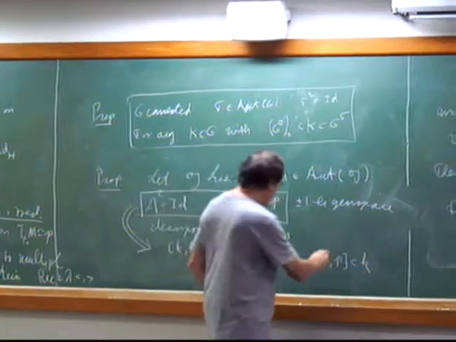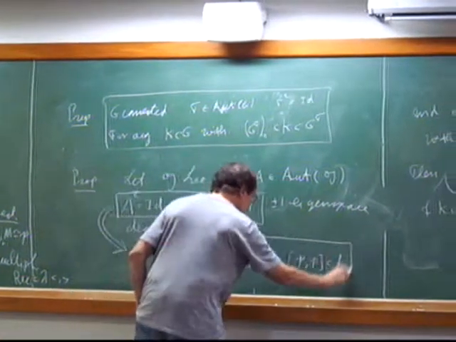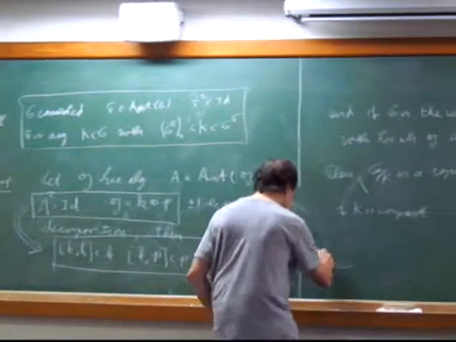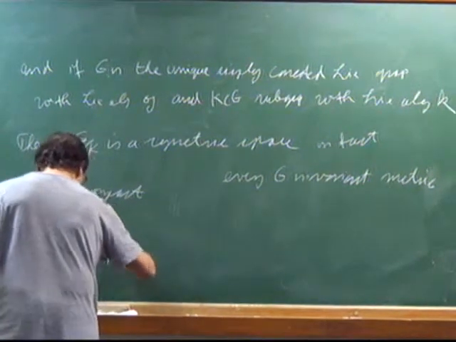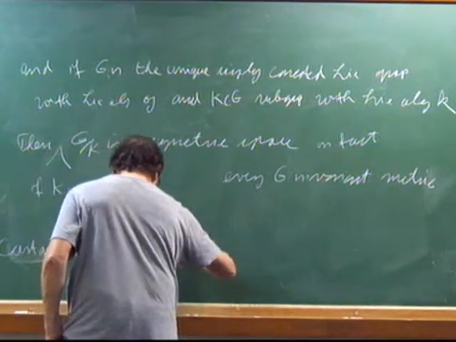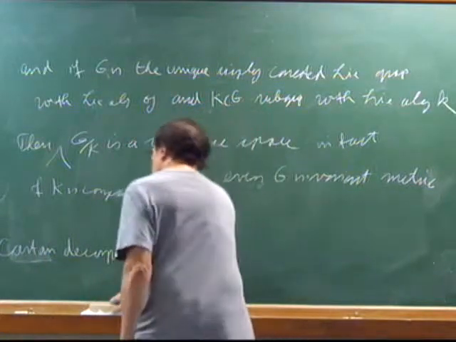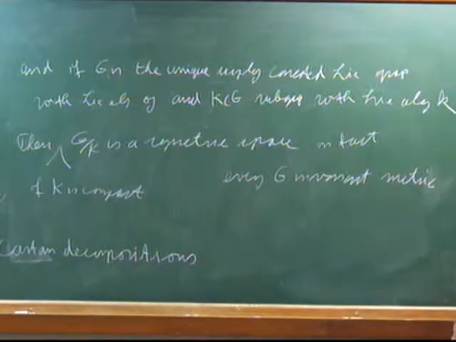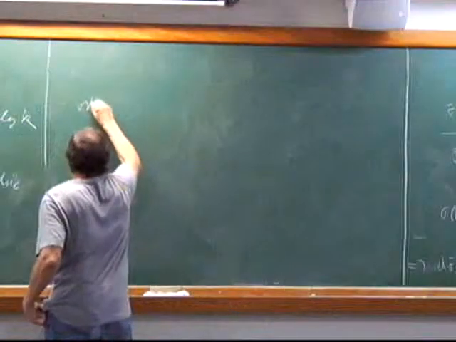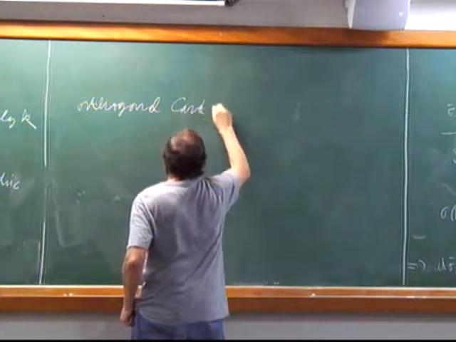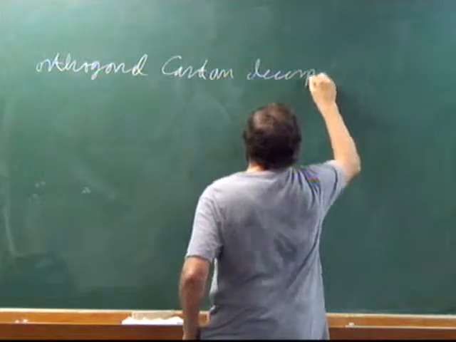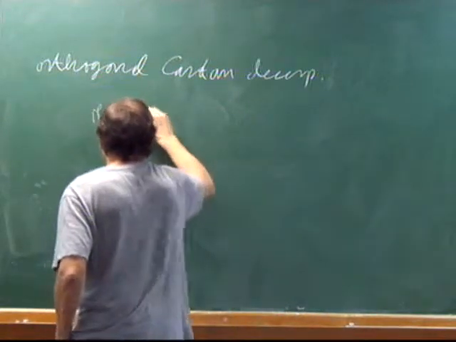So again, these decompositions with this property are called Cartan decompositions. And then it's called orthogonal if the group K is compact.